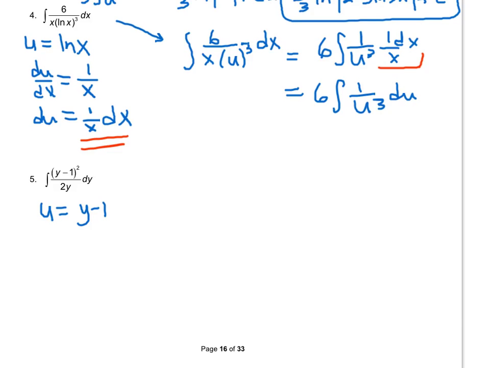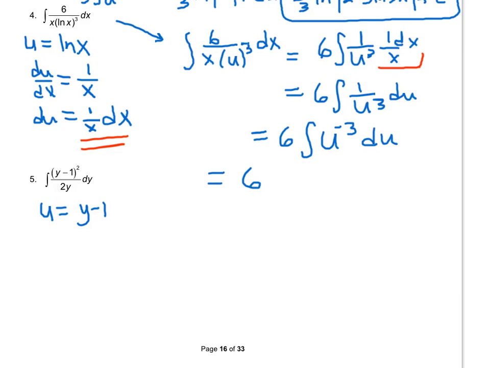It is at this point that I caution you, this is not a natural log antiderivative. It is only when it is 1 over a variable to the first power that you'll end up with a natural log. So go back to what we were doing before and bring this out of the denominator. You'll have u to the negative 3 du. And now you can use your power rule.